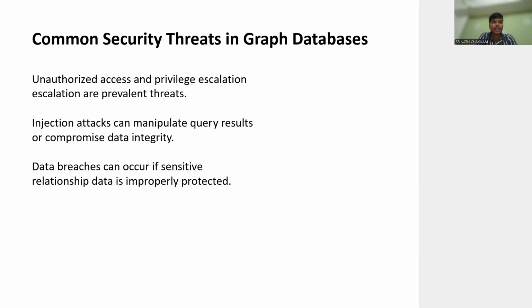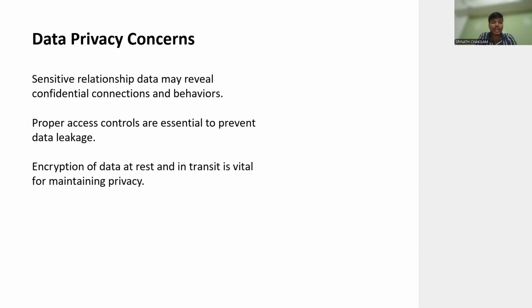Next is data privacy concerns. Sensitive relationship data may reveal confidential connections and behaviors. Proper access controls are essential to prevent data leakage.